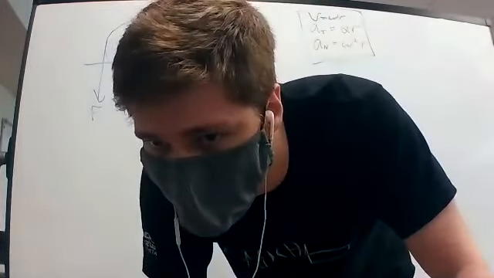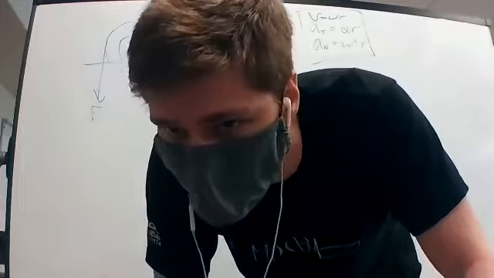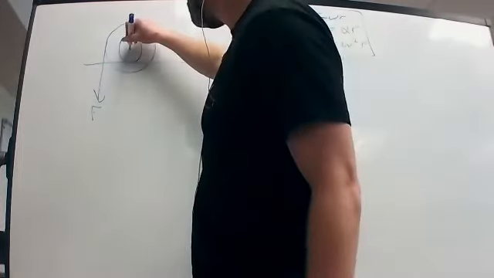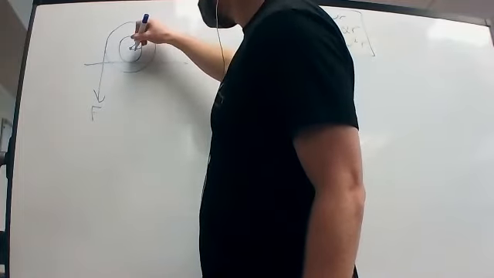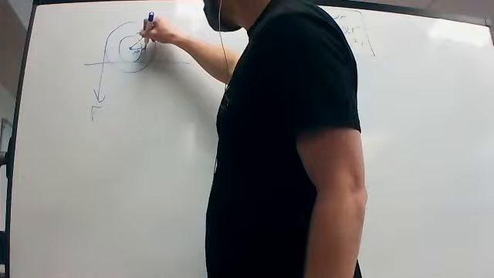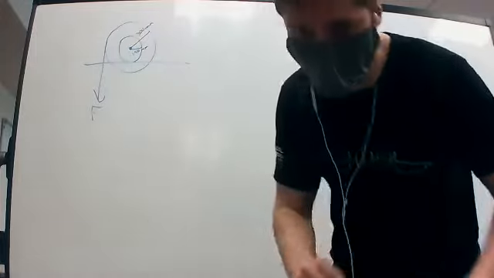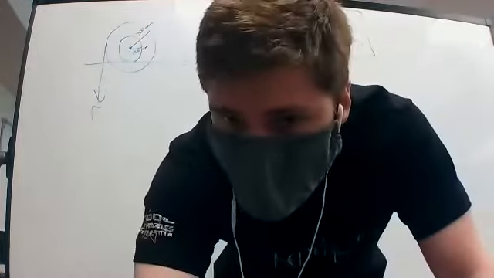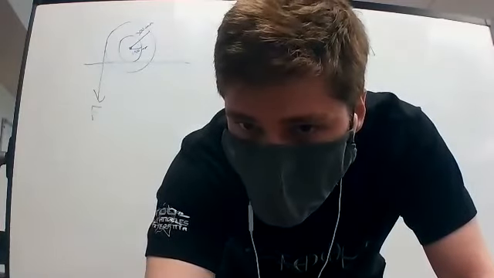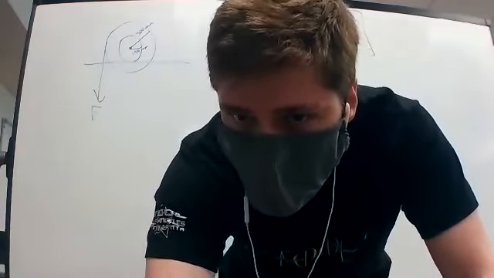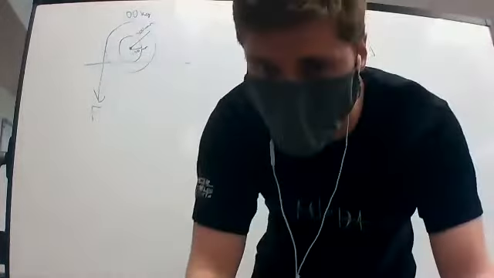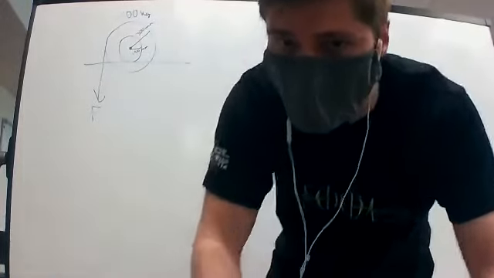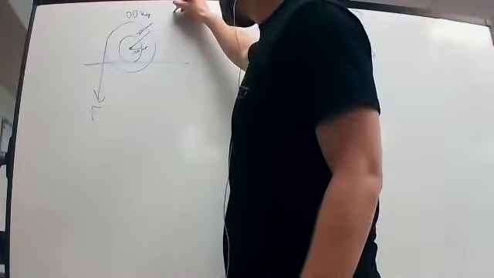The outer radius is 300 millimeters and the inner radius is 150 millimeters. The mass of the wheel is 100 kilograms. Radius of gyration is 200 millimeters.